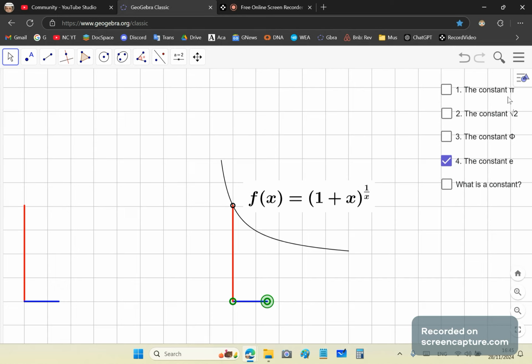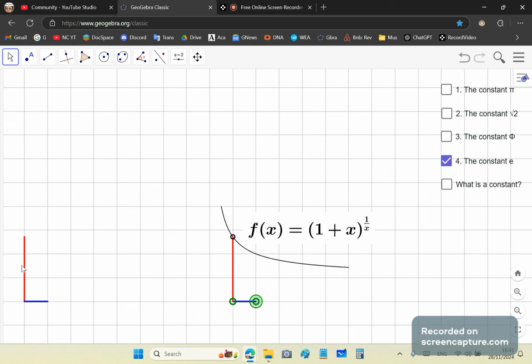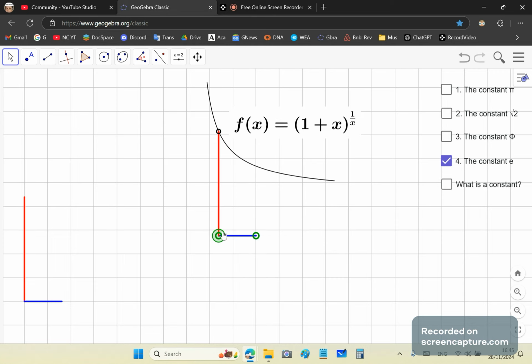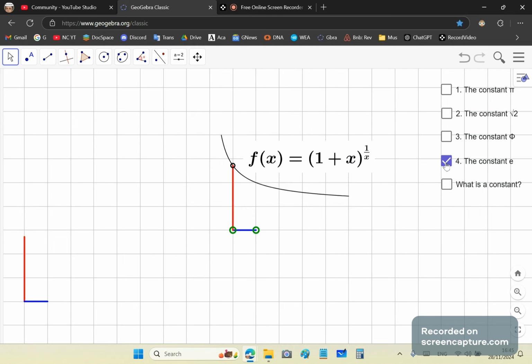None of these are numbers. Well, they actually are numbers, but they're not the numbers that represent the full measure, okay? Because these ratios here, this red line to the blue line, cannot be measured, all right? So it doesn't matter how you do this, whether you have a constant e or a phi.